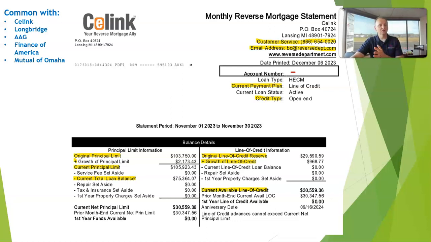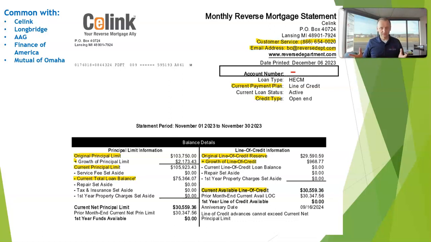As time has gone on, she's gotten a little bit older, and that borrowing power has increased by about $2,000. So her current principal limit or borrowing power is $105,000 or almost $106,000. But here's the difference, is that her current total loan balance is only $75,000. And so that means she's only used $75,000 of her $105,000 that's available.